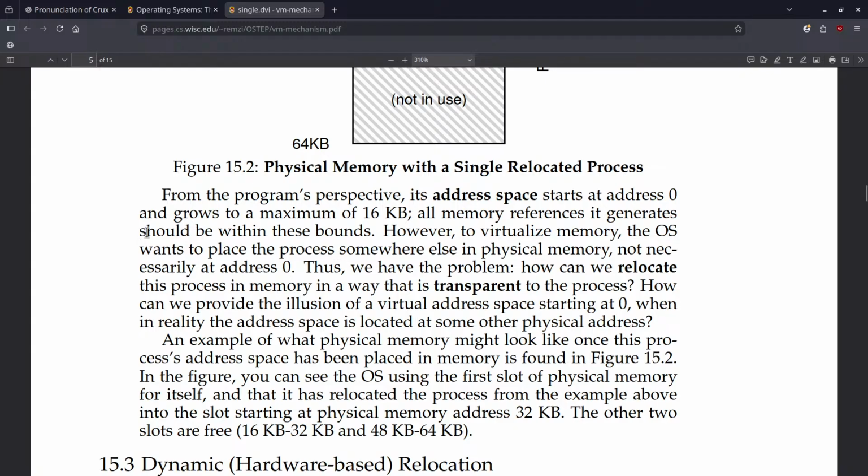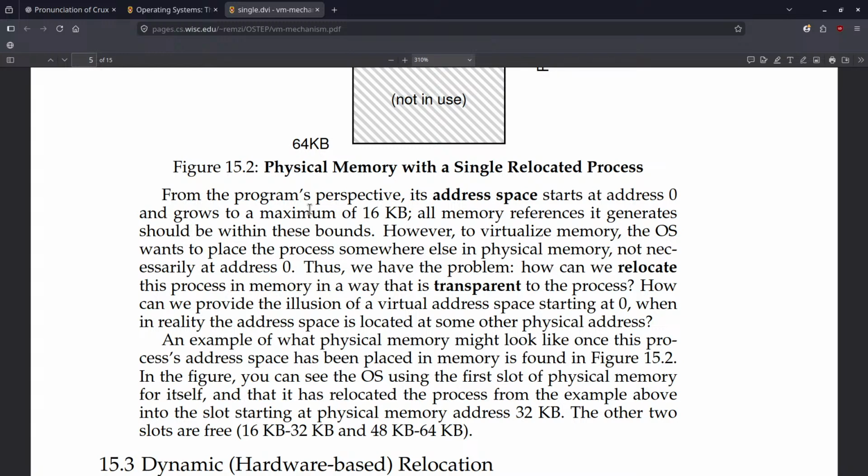Okay, so from the program's perspective, its address space starts at 0 and grows to a maximum of 16 kilobytes. All the memory references it generates should be within these bounds. However, to virtualize memory, the operating system wants to place the process somewhere else in physical memory, not necessarily at address 0, and thus we have the problem.